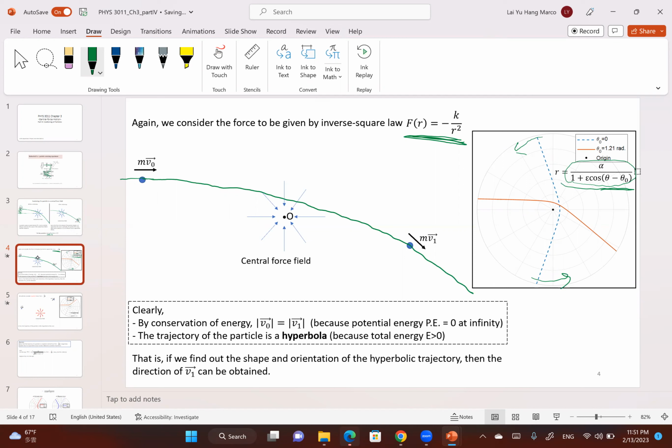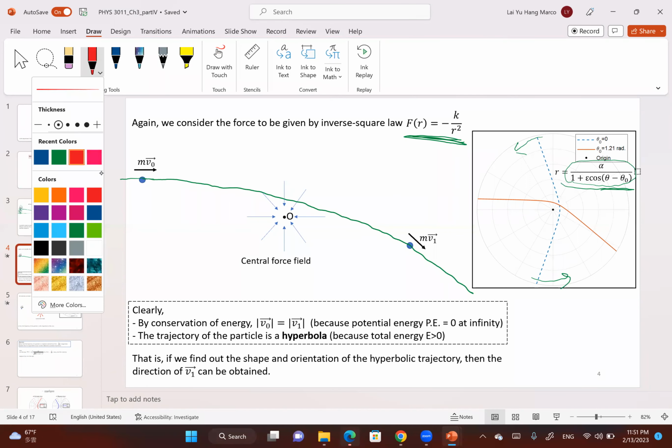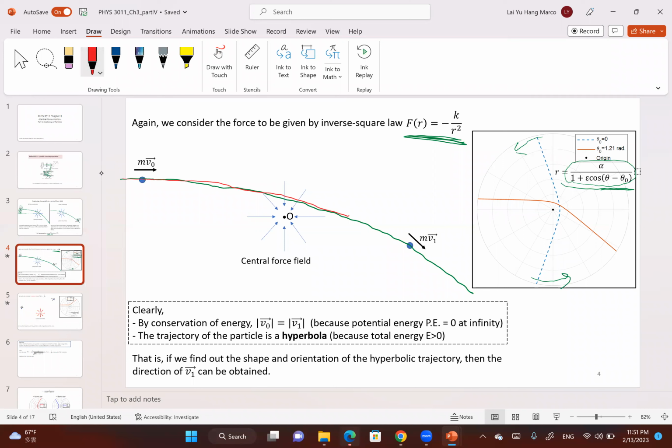So this red curve over here looks more like the trajectory that we are talking about. Now you can see that the velocity vector of the particle always has to be tangential to my hyperbolic curve.